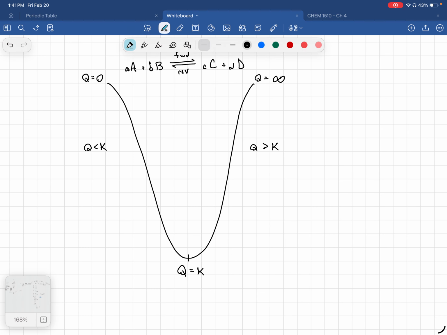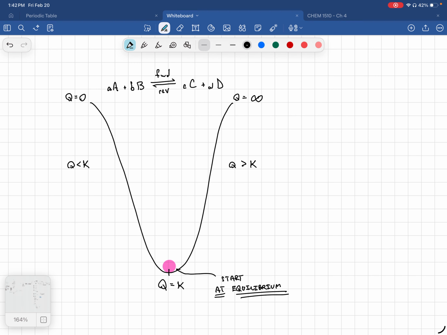So let's say we have a system that is at the start at equilibrium. Okay, using this analogy.